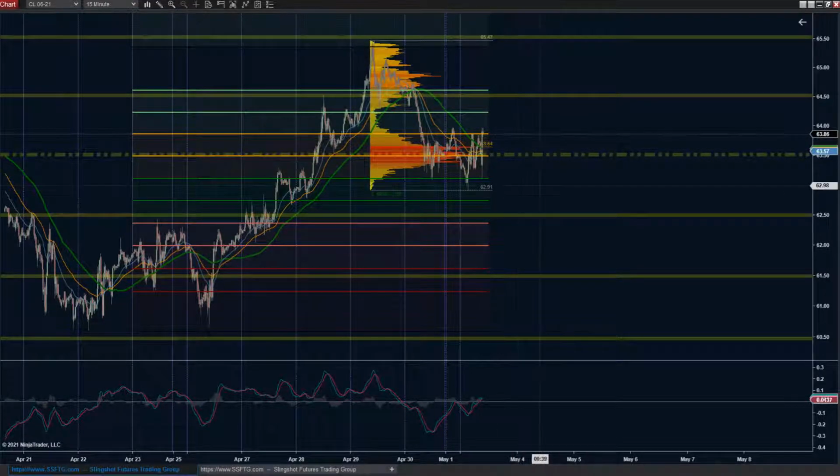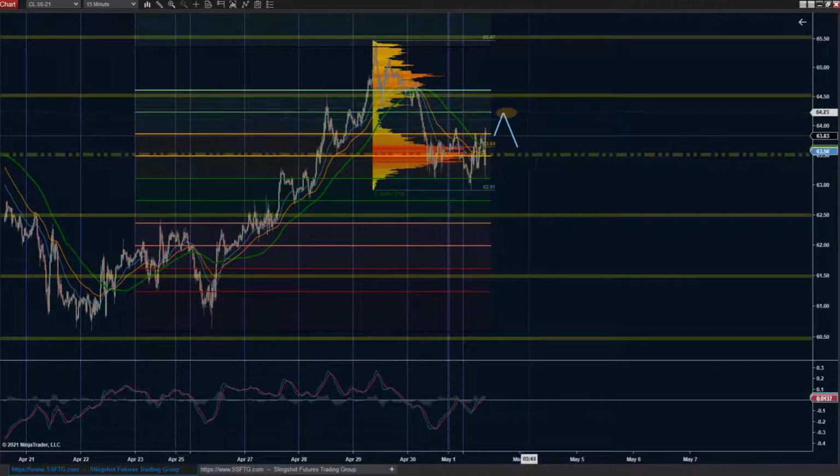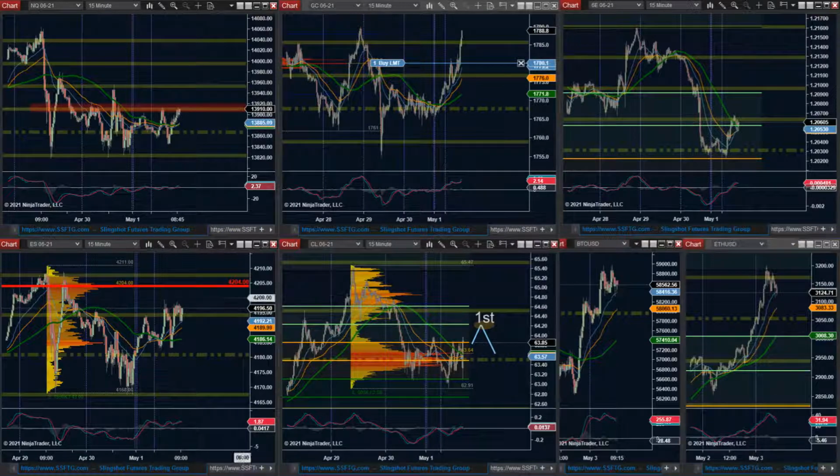It's inside the L2. If we can get crude oil to move up to at least the bottom of L1, then I would like it at 64. We've just got to separate away from here a little bit. The key, though, is that we've got to get up here first. Let's see if they can make that happen.